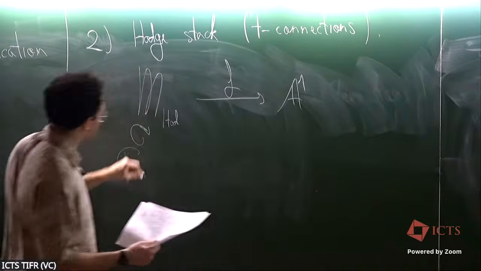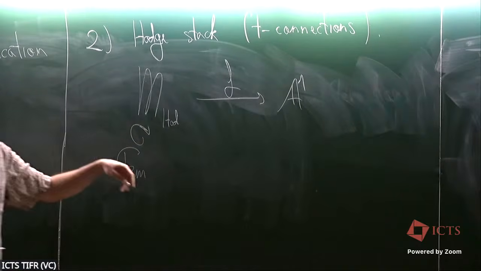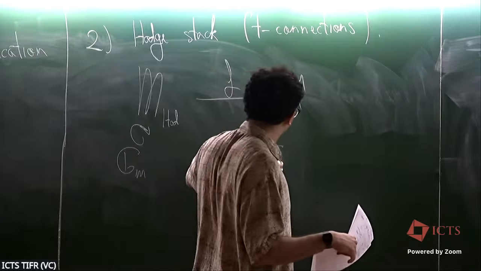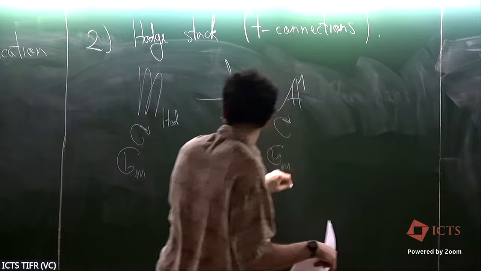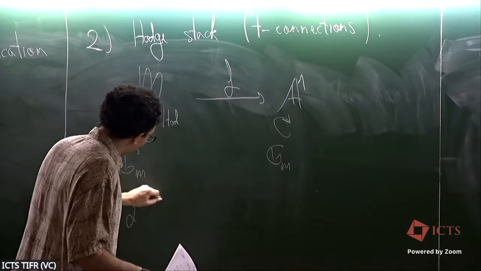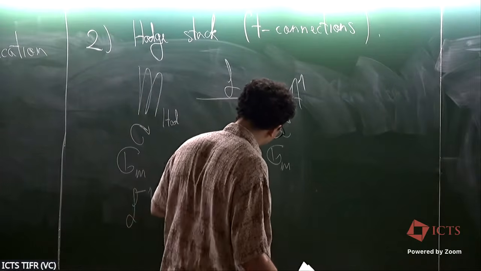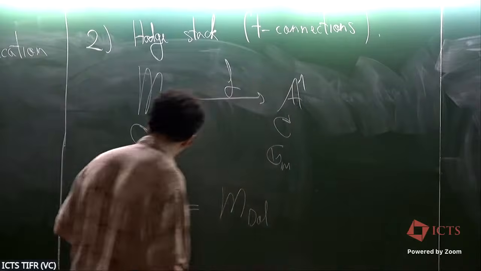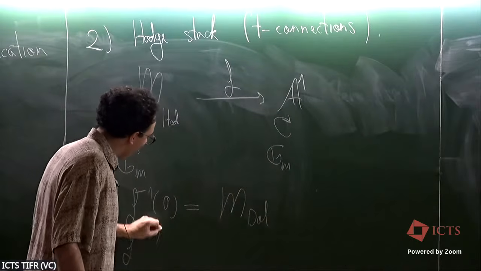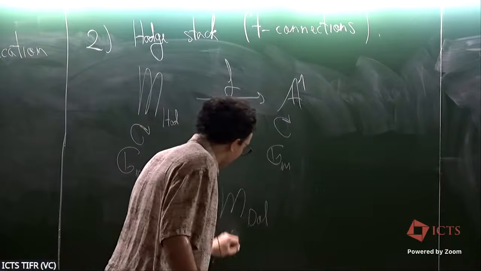So first there's a Gm action that makes the map to A1 Gm-equivariant. And if we look at the fiber at 0, that's going to be the Dolbeault stack. And if we look at the fiber at 1, that's going to be the de Rham stack.